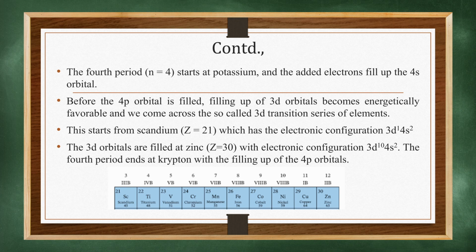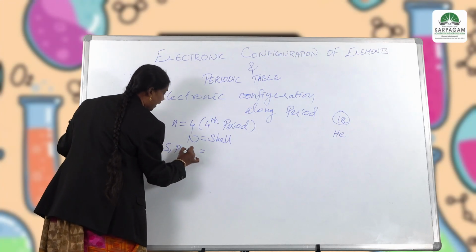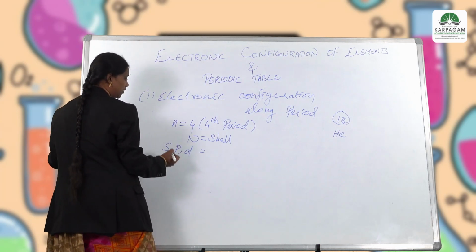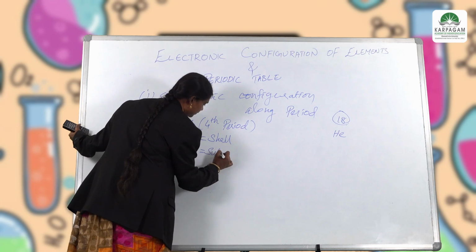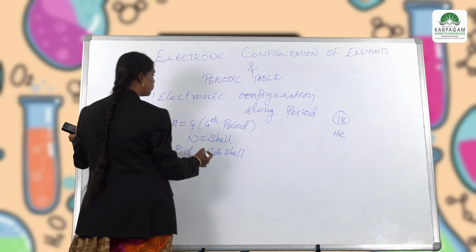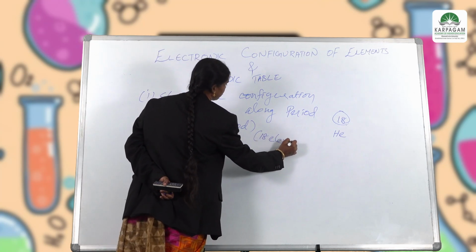The main shell is K, L, M, N. The N shell, and the subshells that come here are s, p and d subshells. So here for N equal to 4, the 4th period, we have a total of 18 elements.